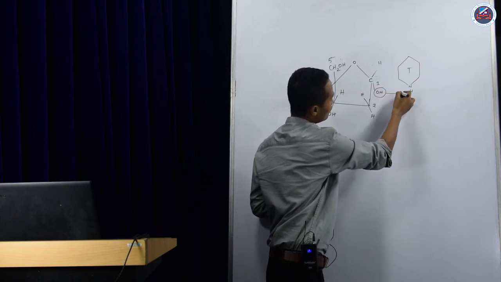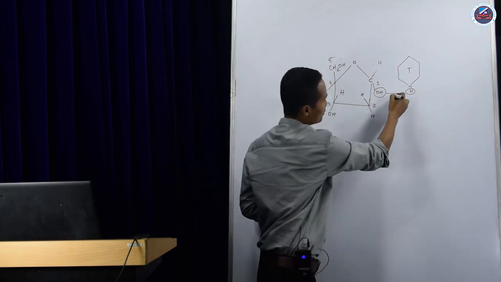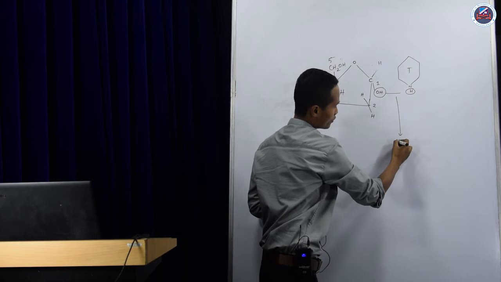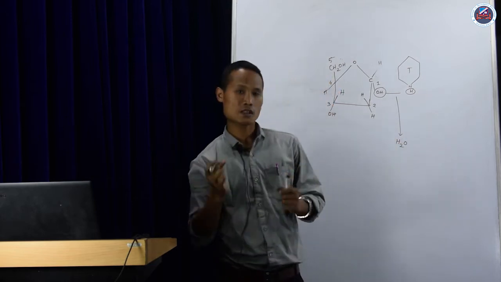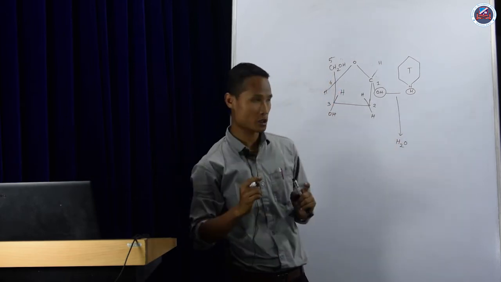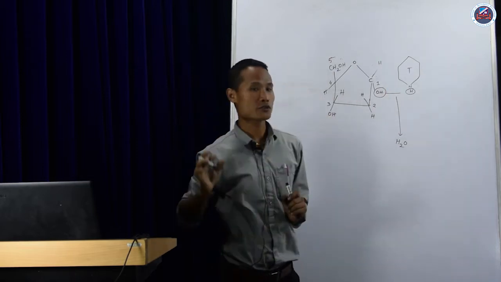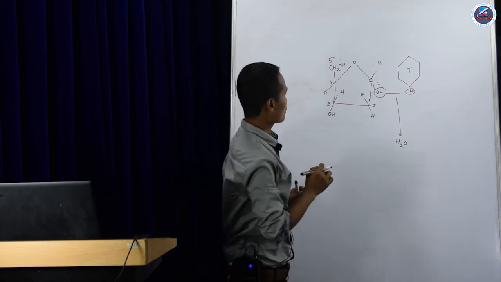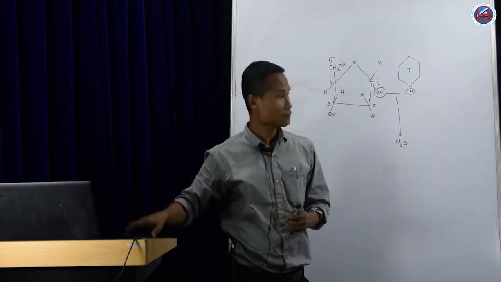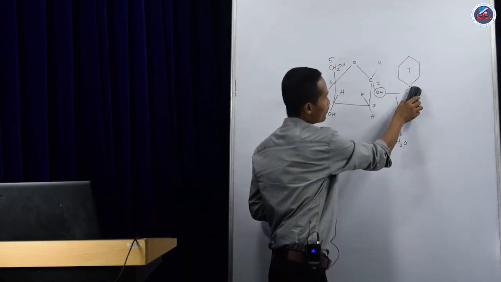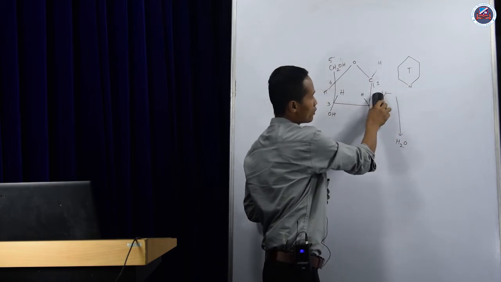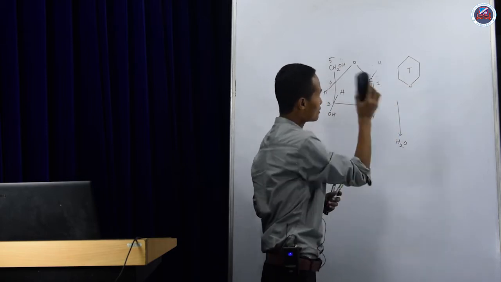You have to eliminate water, H2O, from this OH and H. With the elimination of water, there will be a formation of a bond between the sugar and the nitrogenous base. So this H and OH is out, and this is H2O.